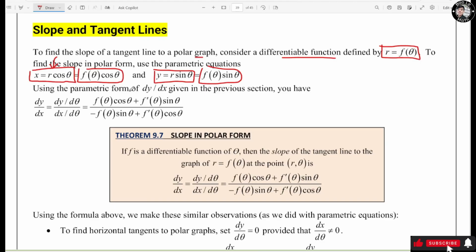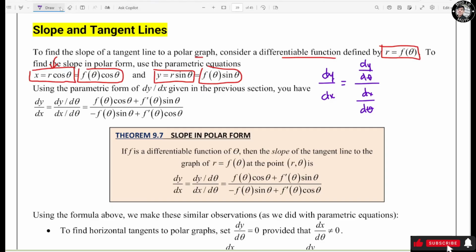Now, using the parametric form of dy over dx given in the previous session, you have dy over dx. This one can be written as dy over d theta divided by dx over d theta. I just divide the top and bottom by d theta. That's why I get this one.